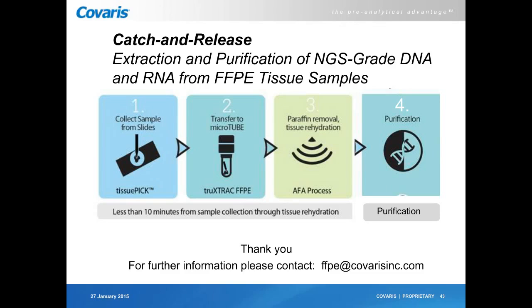And the smallest area you could take from the paraffin slide? It depends really what the question is. If the question is what's the smallest that you can collect with a tissuePICK, we have almost a 1 millimeter, 1 or 2 millimeter resolution. Then the question is, with this type of resolution, so it's like a few square millimeters of tissue, will you get enough DNA or RNA out for your downstream application?